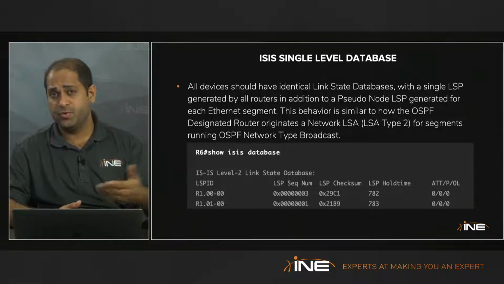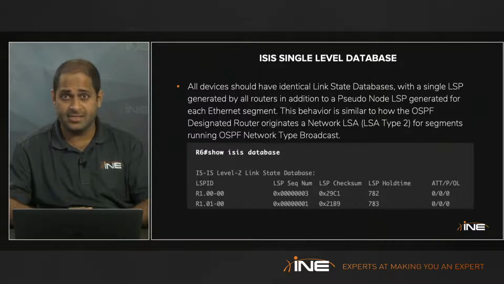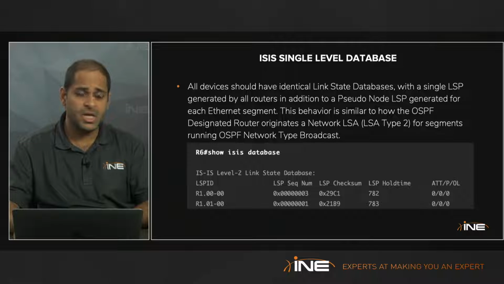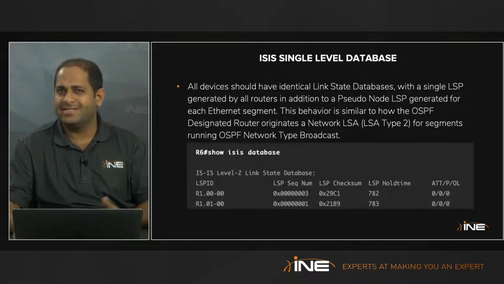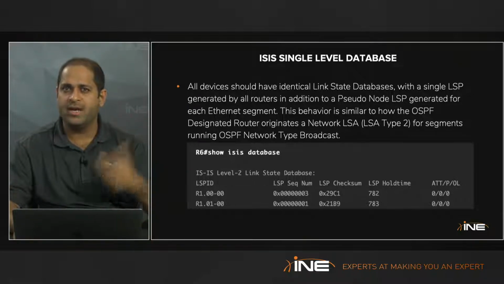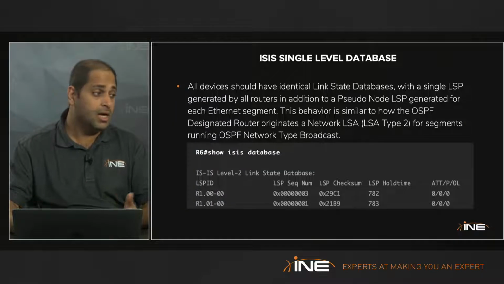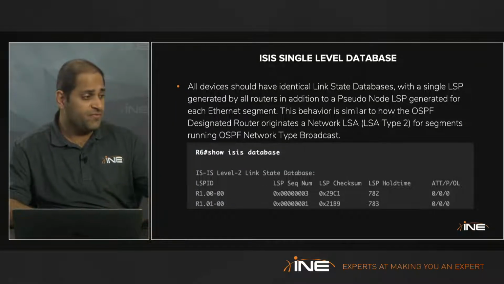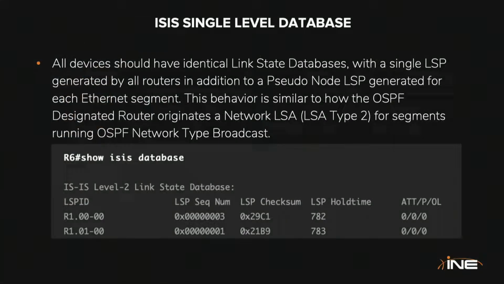So here, if you do have a DR, or a DIS in ISIS, in that case a pseudonode LSP would be generated. If you do a show ISIS database, you'd only see one level of database, because everybody is in the same area. In this show ISIS database, you can see that I have router 1, the LSP ID.